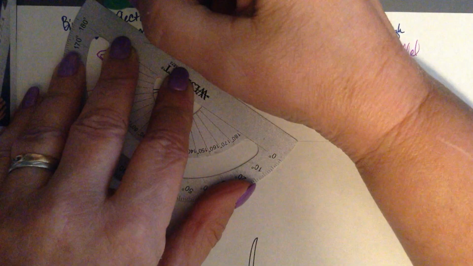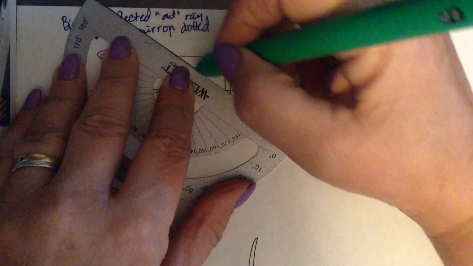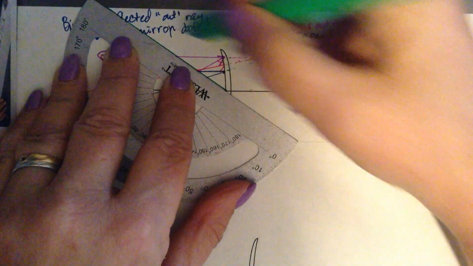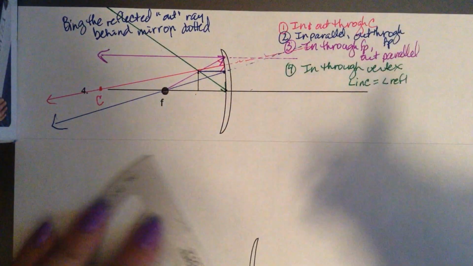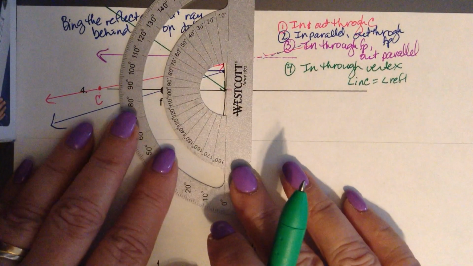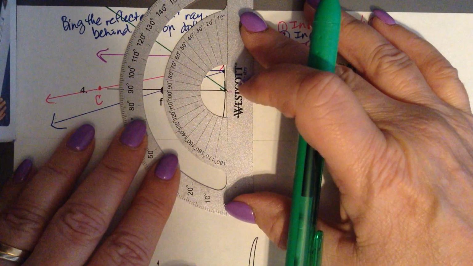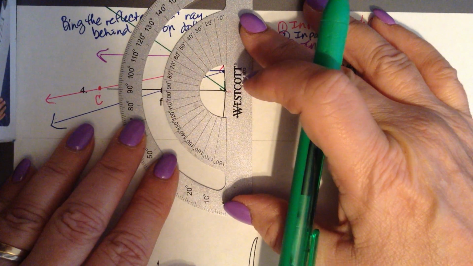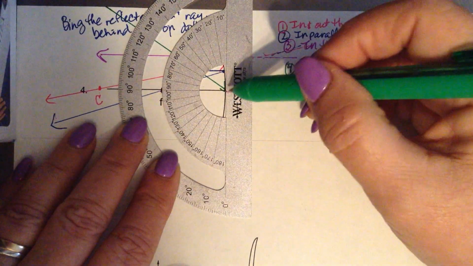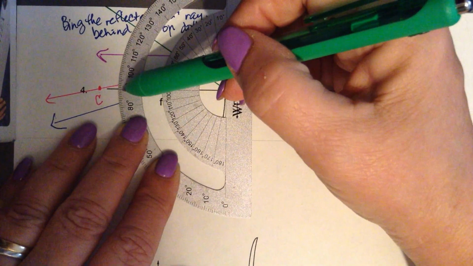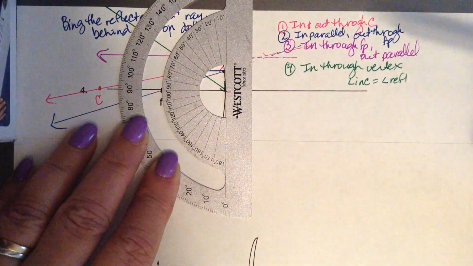So I'm going to bring it all the way back here so that I can measure it. So I see how I started it way back here. And will I be able to measure it with this protractor? I will. Yay! Okay, so I lined up my spot with the vertex, and I lined up my 90 degrees with my principal axis.